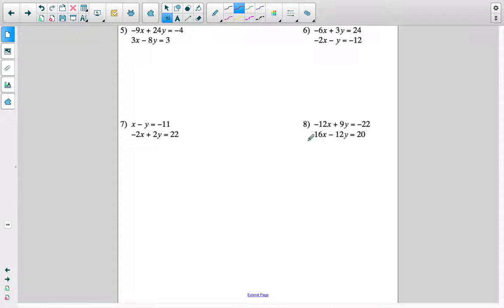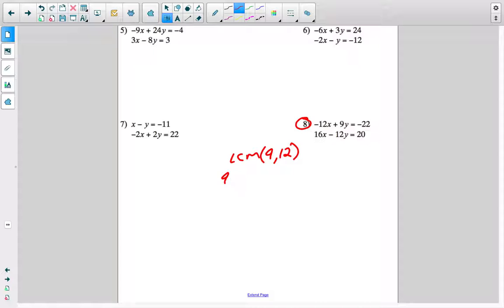One that's been challenging people is number 8, because that first step of creating opposites isn't so easy here. So think about your least common multiples. If you focus on the y's, that'll get you a smaller least common multiple. It'll make your multiplier a little bit smaller.